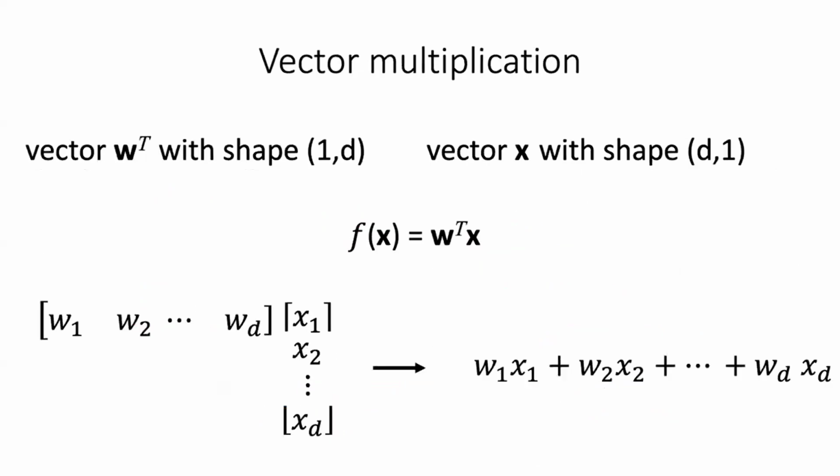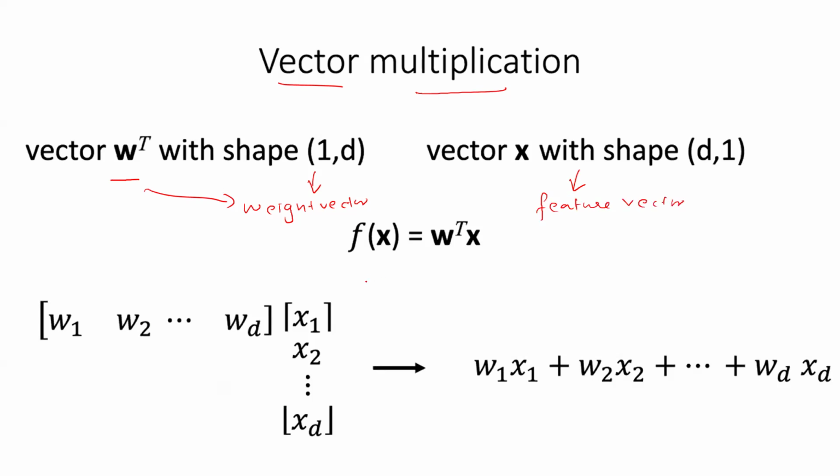Now the same thing can be expressed in a different way, using vector multiplication. The weight vector w has the shape 1 by d, and x has the shape d by 1; it is the feature vector.